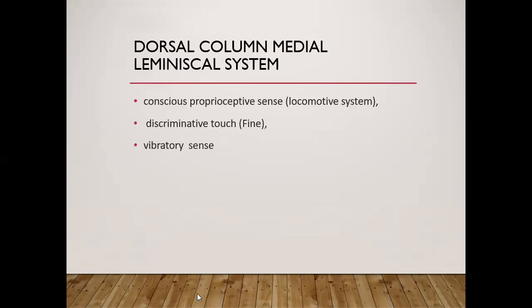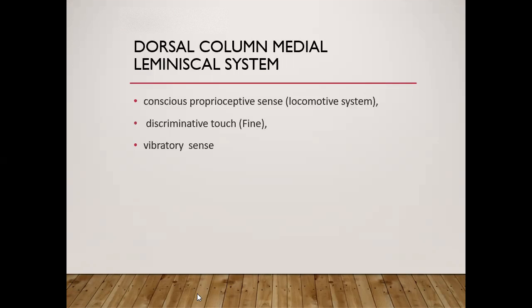They are carried by more myelinated neurons, and the variety of sensations here is lesser as compared to the anterolateral system, where the velocity of the sensation is low, myelination is less, but the variety of sensations is more.